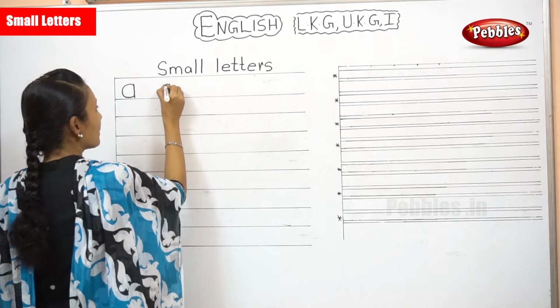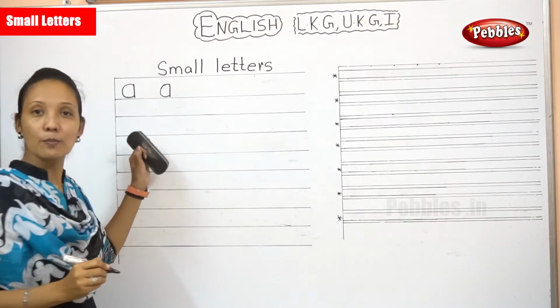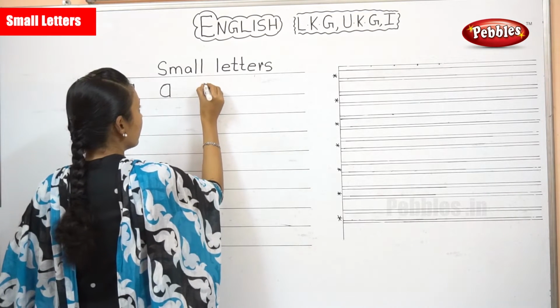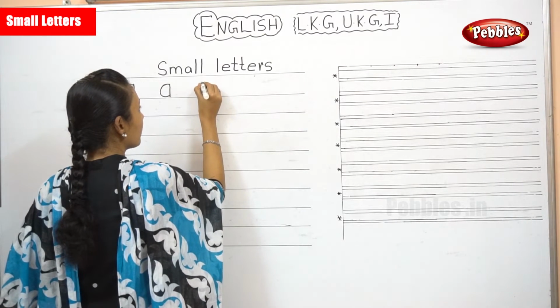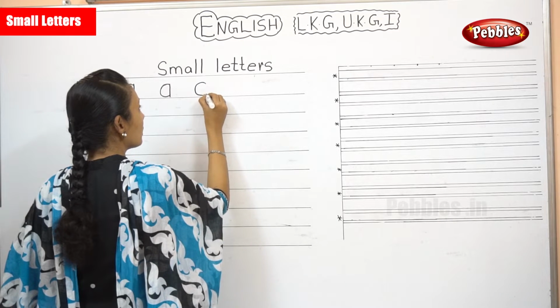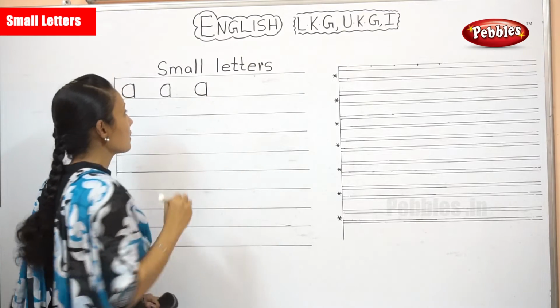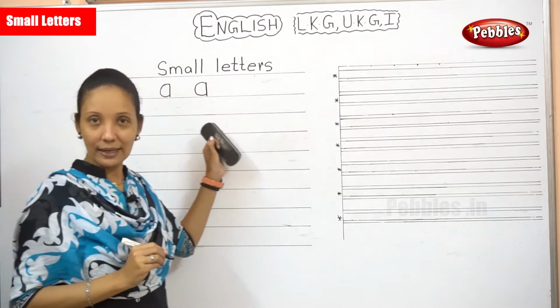This is small a. Once more you can see the curve and your standing line. This is called small a.